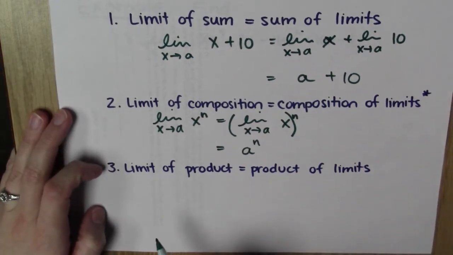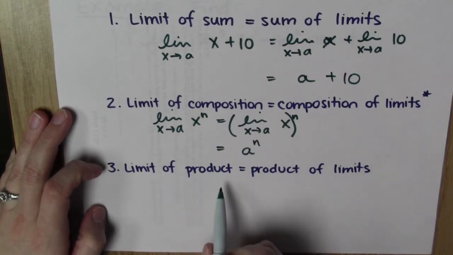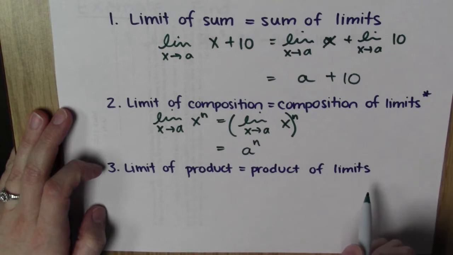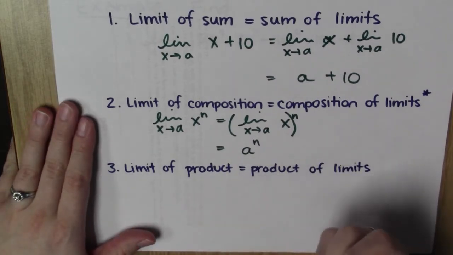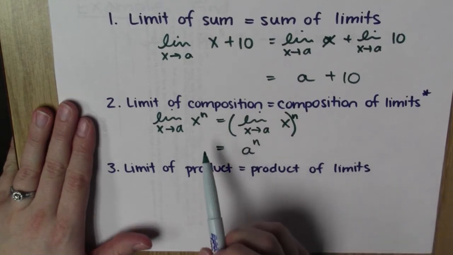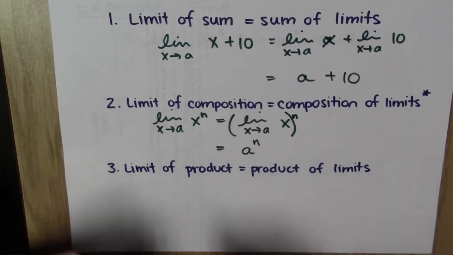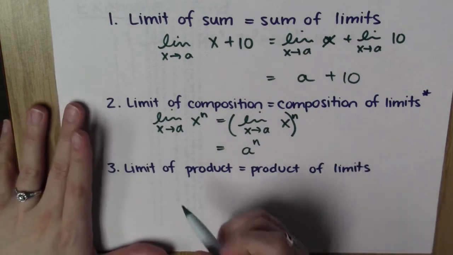Finally, the third limit law that helps me with this situation is that the limit of a product is the product of the limits. This means that if I have a coefficient on the front of my variable, I can separate the two into two separate limits.